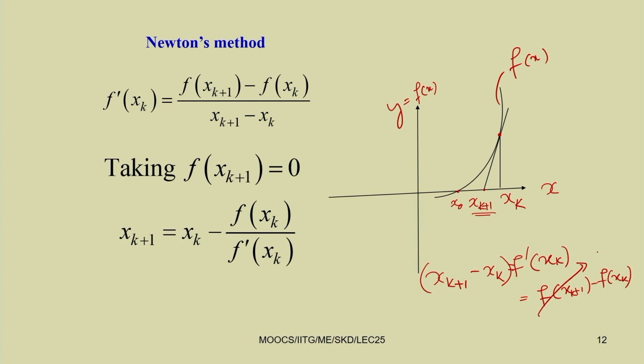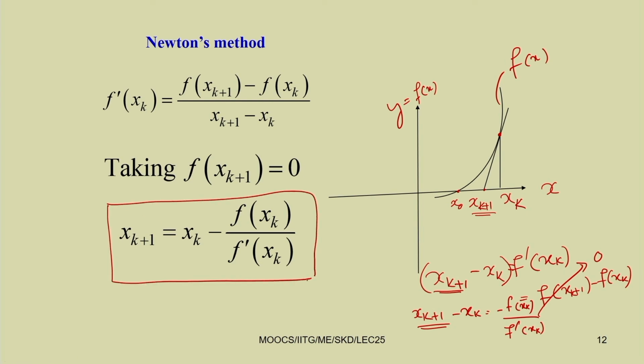We have taken f xk plus 1 equal to 0, that is why xk plus 1 minus xk is nothing but minus f xk by f dash xk, and you can find xk plus 1 equal to xk minus f xk by f dash xk. In this way we can get the next step. Taking xk as the initial point, we can find the next point xk plus 1.